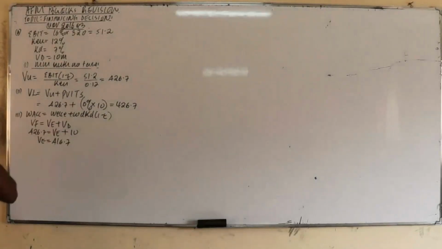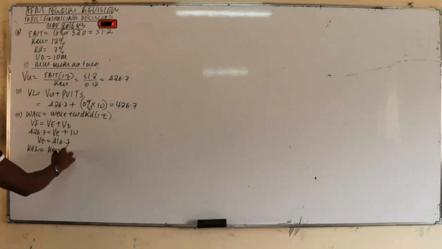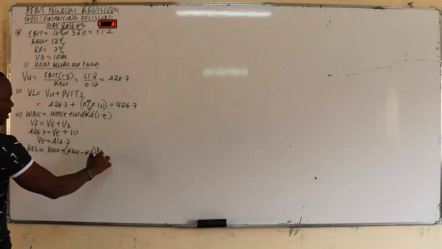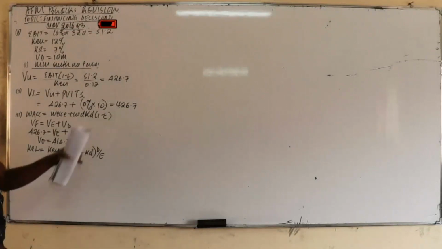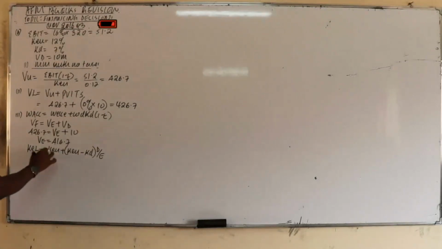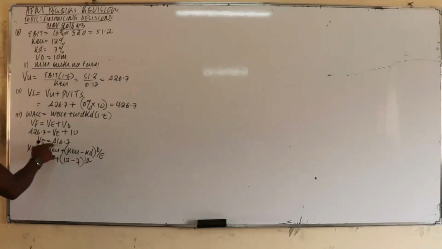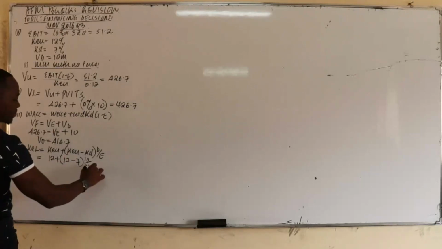Good. Then, cost of equity of the levered farm is the cost of equity of ungeared, minus the cost of the debt, debt over equity, 1 minus T, but in this case, there are no taxes. How much is the cost of equity of ungeared? 12 minus the cost of the debt. How much is the cost of the debt? 7. The debt is 10 million, and the value of the equity we have is 416.7.